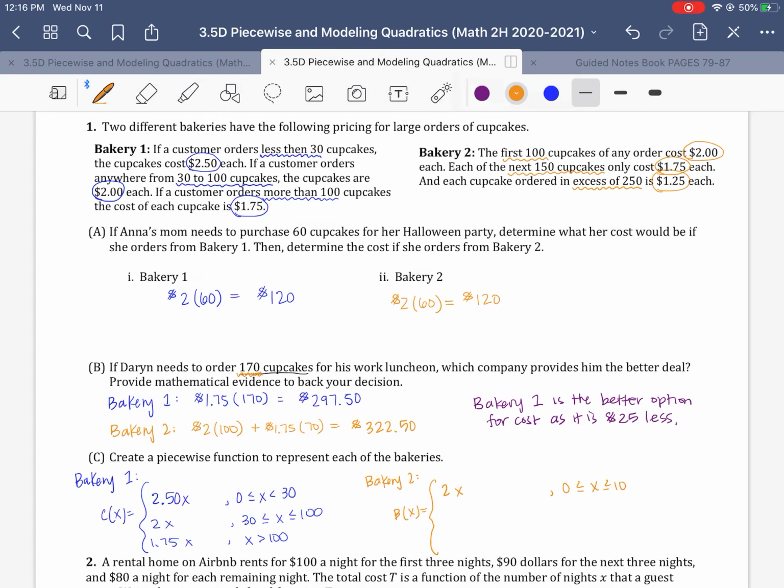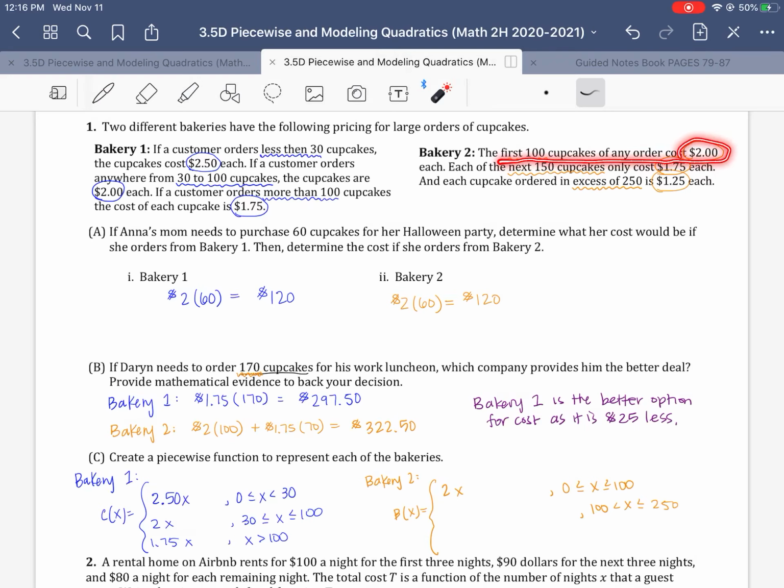So anywhere from 0 up to 100. Okay. Now the next 150 cupcakes, so from 100 to 250, and I'm going to write that over here, if I order anywhere from 100 up to 250, they're going to cost $1.75 each.